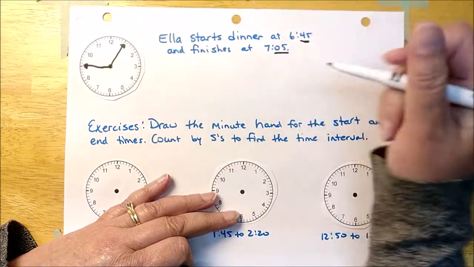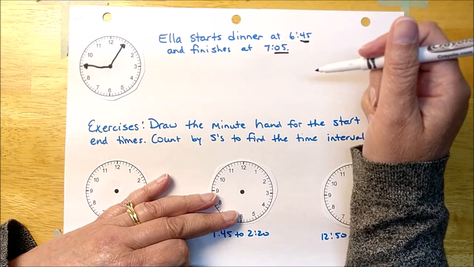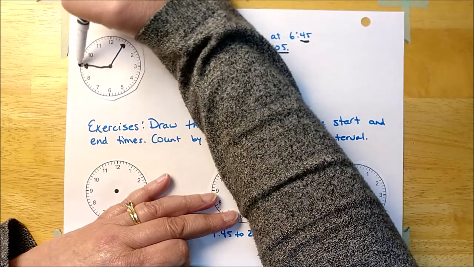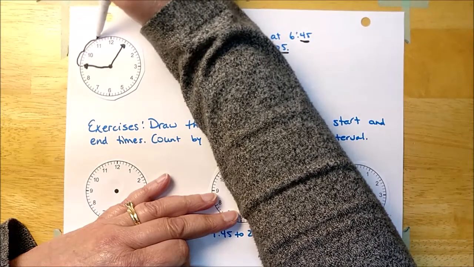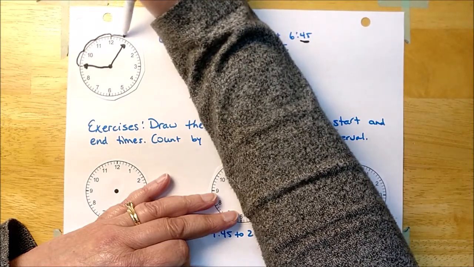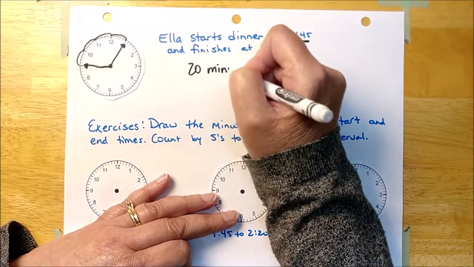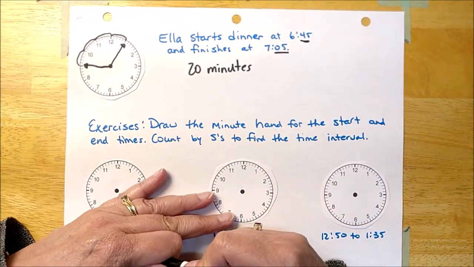I'm not even putting my hour hand in yet because I just want to know how many minutes go by. From this 5 to the next 5 is 5, 10, 15, 20. So 20 minutes is the interval. 20 minutes has gone by.